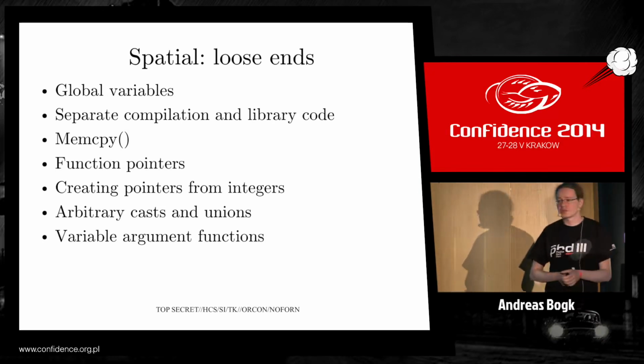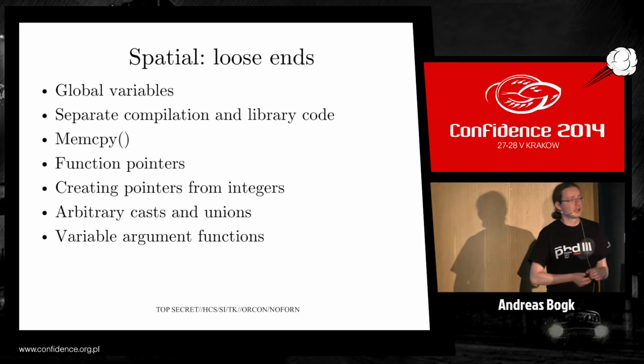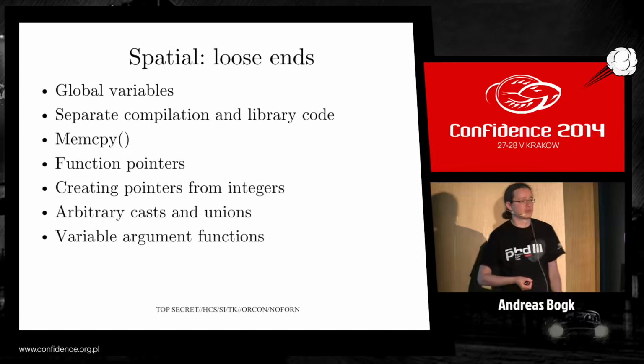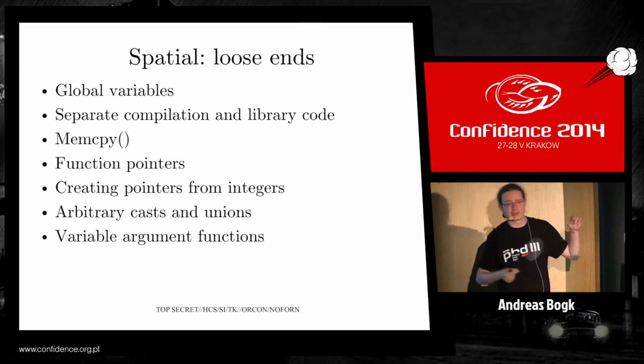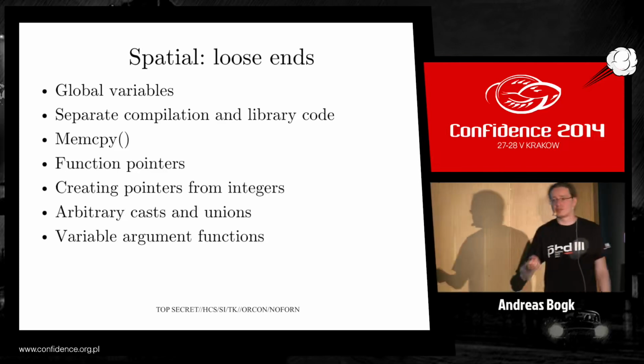Creating pointers from integers is something that's in some situations tricky. So it sometimes works, you can cast around stuff, and when you write it into memory as a pointer and then turn it into an integer, you can shift it around, reassemble it again, it will be in the table. But in some situations it won't.